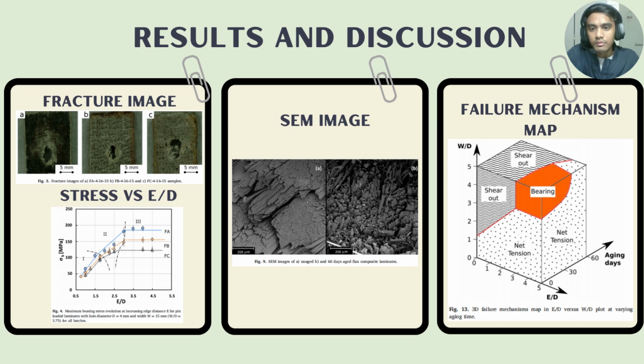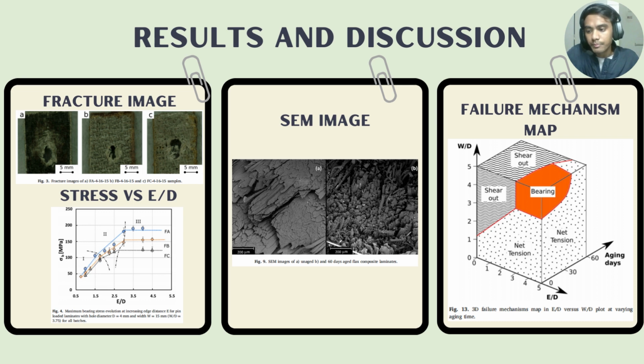Okay, now moving on to the stress versus E/D. The trend highlights that maximum bearing stress increases with increasing E/D ratio. Region 1 shows the initiation and propagation of fracture by shear out mode.